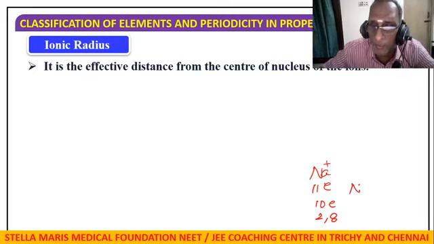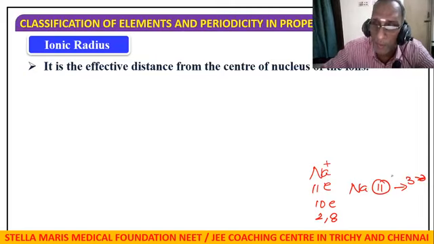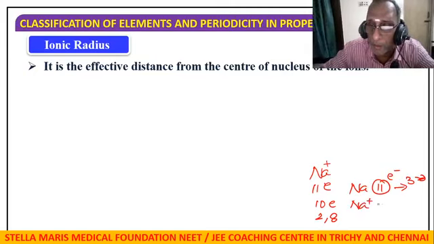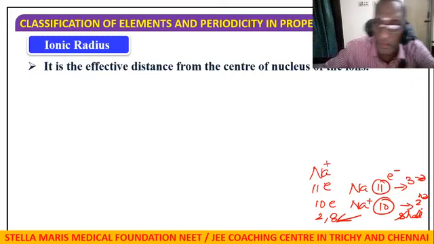If it is an atom, the 11th electron will be in the third shell, whereas for the sodium ion, the 10th electron is only in the second shell. This we have seen last class. So shell size reduces.